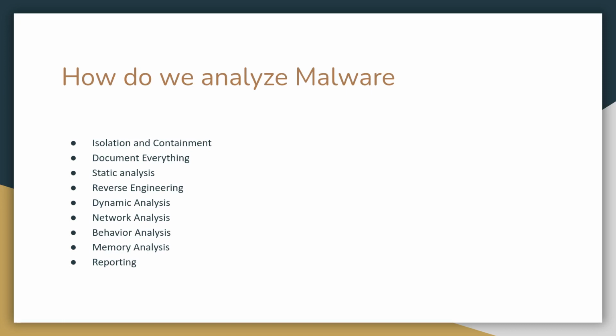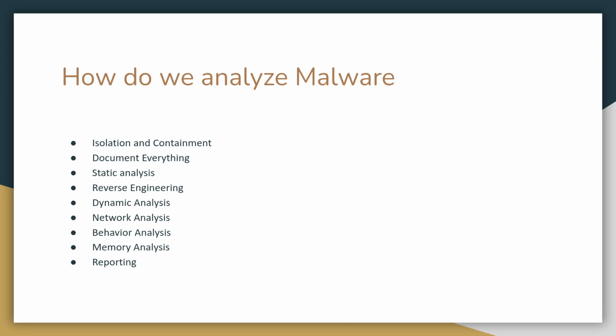You take the hash and go to VirusTotal and see if anybody else encountered the same malware out there. Then you can check the magic bytes to see what the actual file type is, whether it is a DLL, an .exe, a PDF, a Word document, or a lot of other stuff.